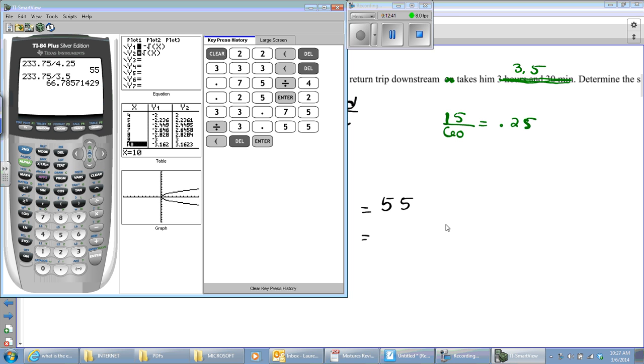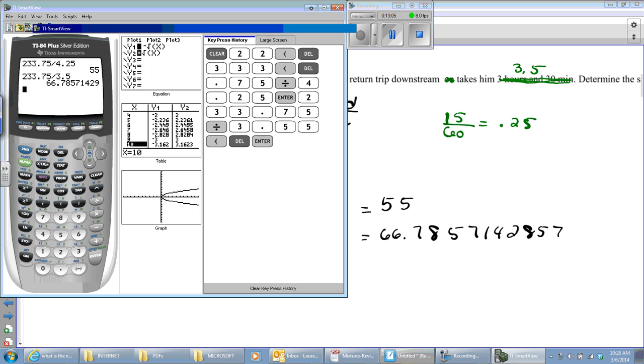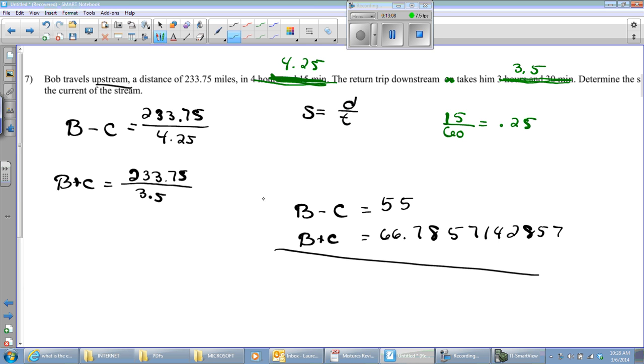I'm going to put that ugly decimal on. 66.78571428, and I recognize this repeating pattern, 1428, and then it's going to go 57 again, and it's going to go 142857 on forever. Okay, so now I'm going to do elimination, and I'm going to get 2b, and that's going to equal this big ugly number 1, 2, 1, and this big long decimal trailing behind.